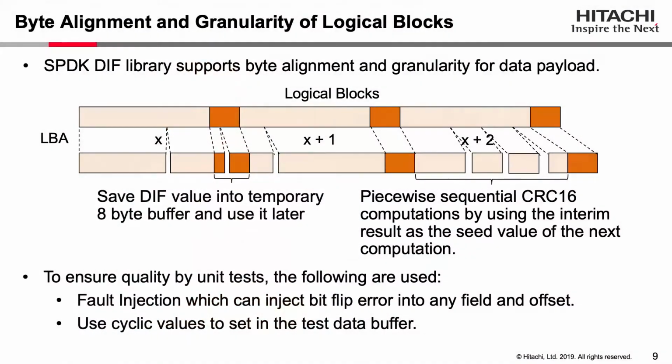SPDK will use NVMe SSD as the backend of the iSCSI target and NVMe-oF target first. And we can leave DIF verification to the NVMe controller because the hardware NVMe controller has that feature, but the NVMe controller doesn't report the location of a DIF error.